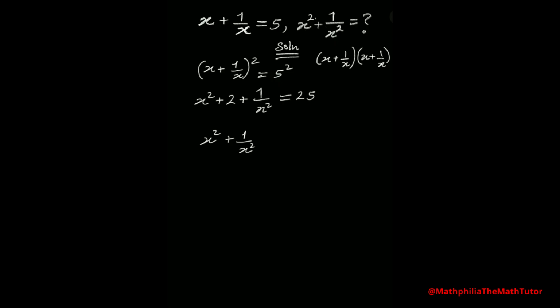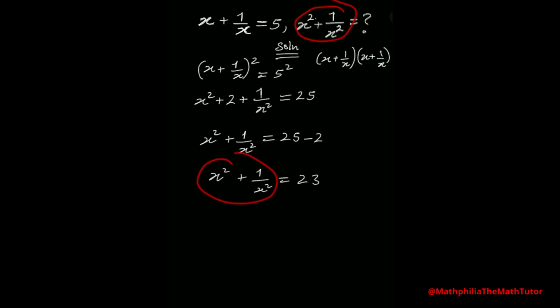So we have x squared plus 1 over x squared is equal to, when 2 is sent to the right hand side, the sign changes to negative, so negative 2. Therefore, x squared plus 1 over x squared is equal to 25 minus 2, which is 23. And this is the very thing we have been asked to find in the question. Therefore, the value of the expression is 23.